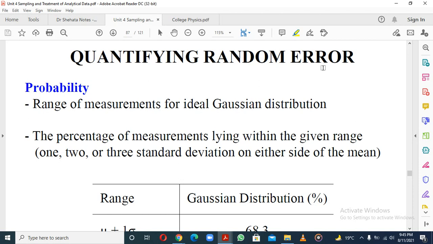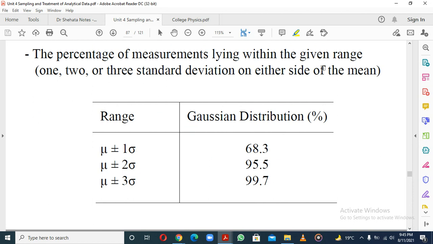So how this happens is, you're going to use what we call the ranges and the Gaussian distribution. So what this means is the percentage of measurements lying within a given range. So that's probability, isn't it? And don't worry, I'll show you this on the diagram.